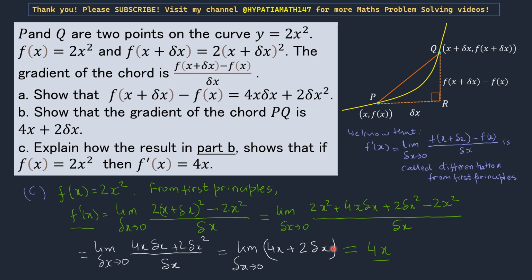So this term will be 0, and we are left with 4x. So f dash x equals 4x. That's how we've explained that from first principles you can see the same thing, that f dash x is 4x.